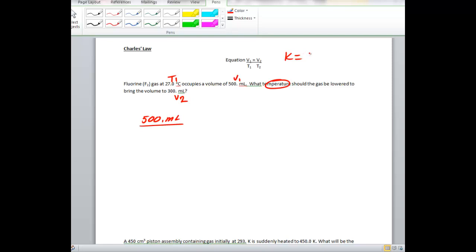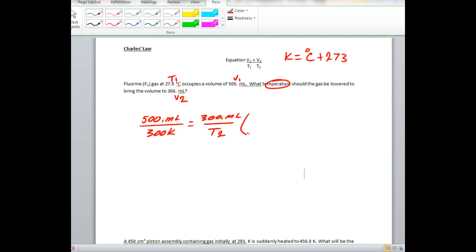Kelvin equals Celsius temperature plus 273. So that temperature ends up being 300 Kelvin, which is equal to my V2 of 300 mL over my T2.